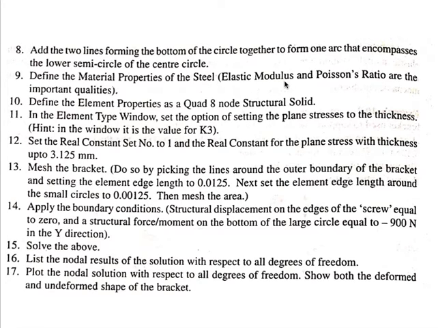The elastic modulus and Poisson ratio are the important quantities for the selected material. Then define the element properties as 8 node structural solid. In the element type window, set the option of plane stress with thickness.